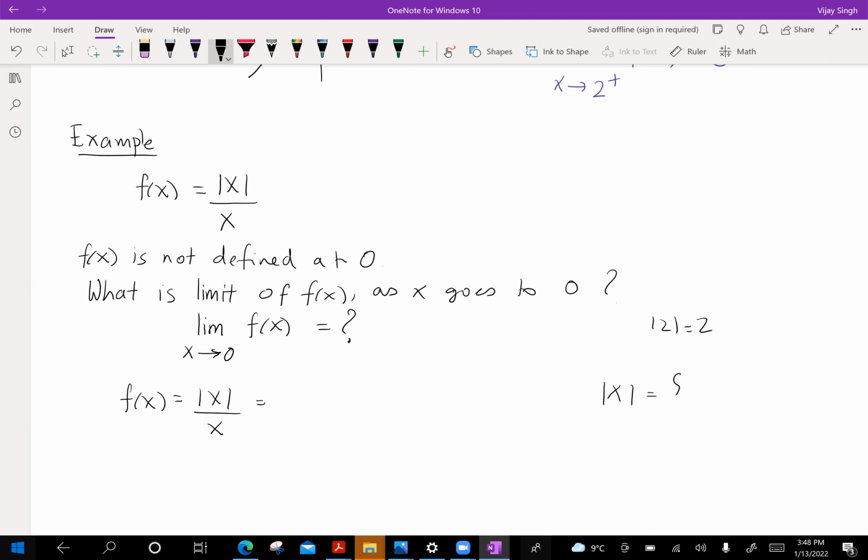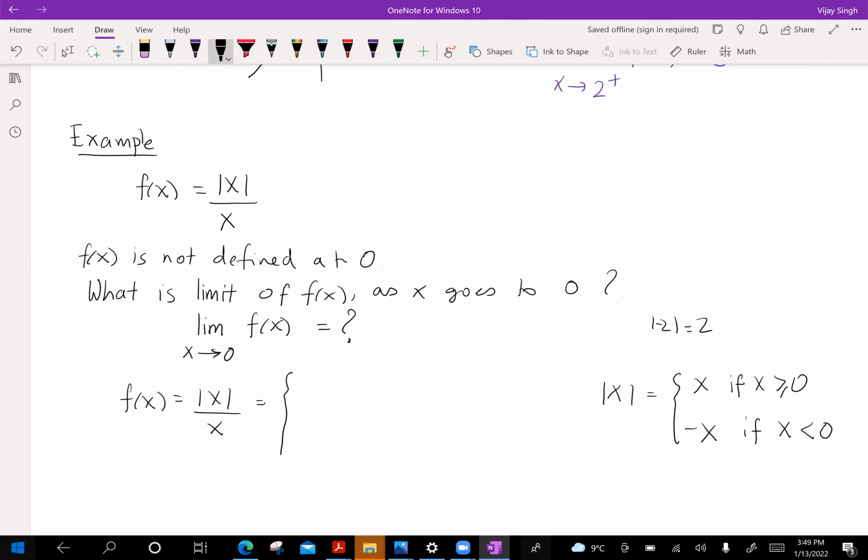Absolute value of a number which is positive or even 0 is just x. What about absolute value of negative 2? It is also 2. So if the number is less than 0, it's negative, so you have to remove the negative sign. And the way to remove the negative sign is to put another negative sign. So absolute value of x, if x is greater than or equal to 0, is x. And if x is less than 0, it's minus x.